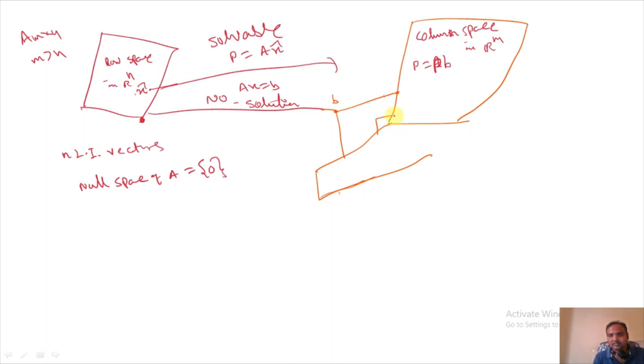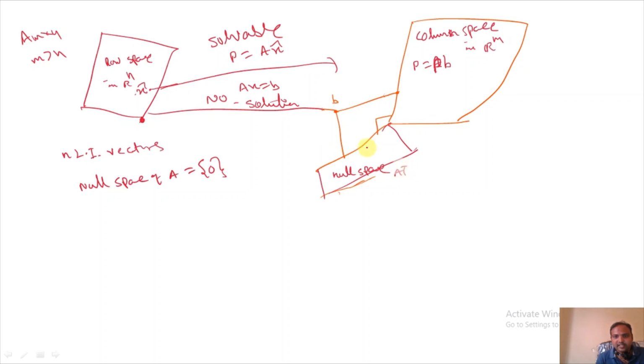How to write this? Okay, the column space is this, and this is the left null space, the null space of A transpose.